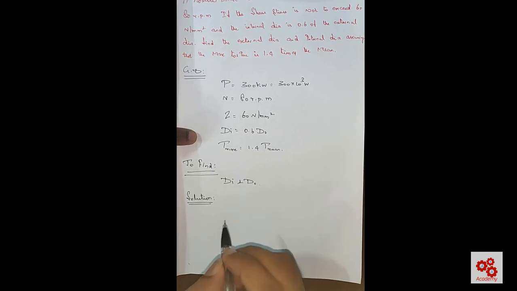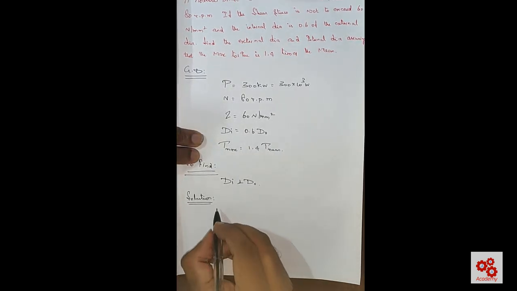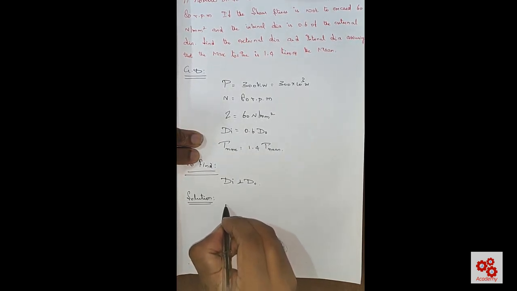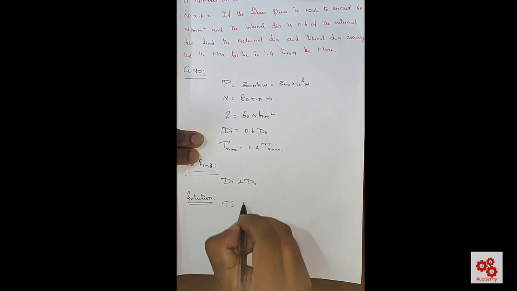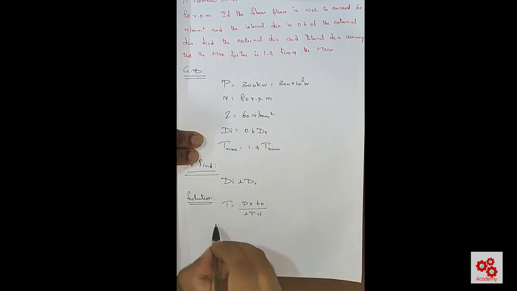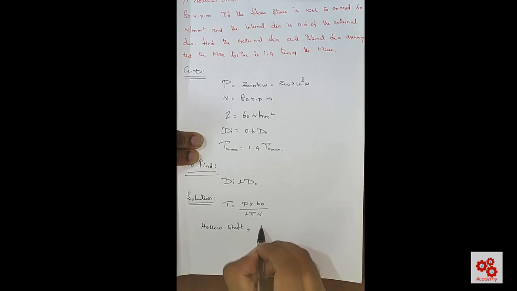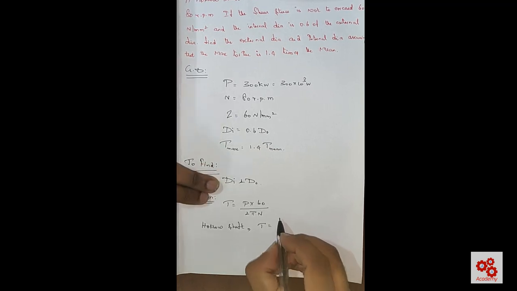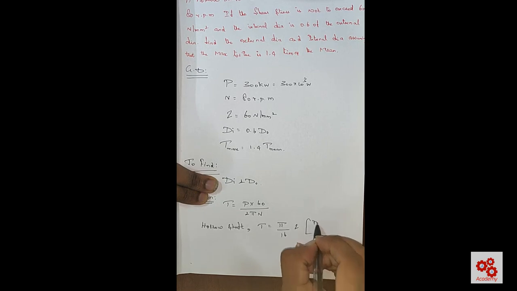In this problem we are going to take two formulas. The first one is torque equal to P into 60 divided by 2 pi n. And as it is a hollow shaft, the other formula is T equal to pi by 16 tau into d naught power 4 minus di power 4 divided by d naught.